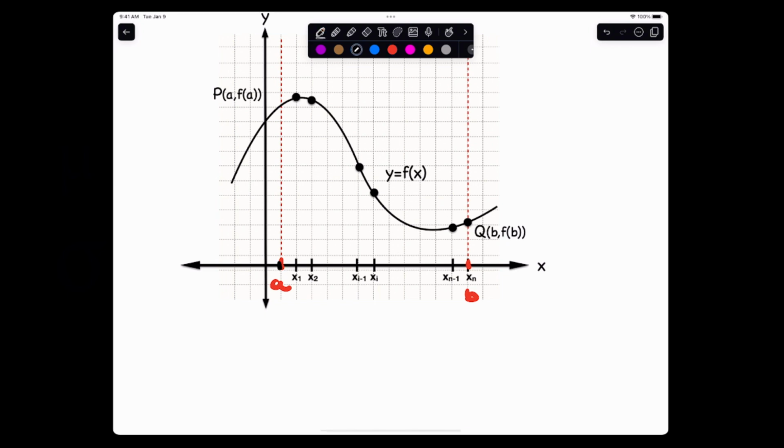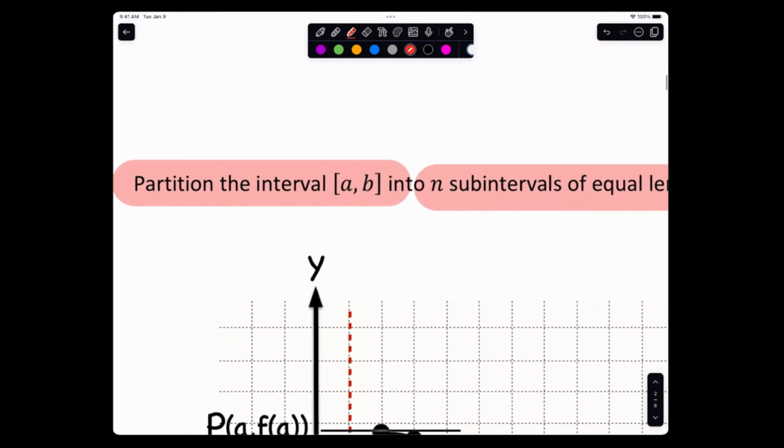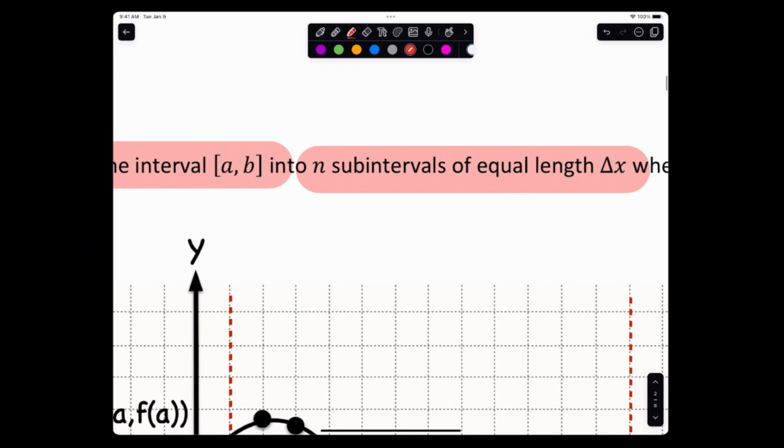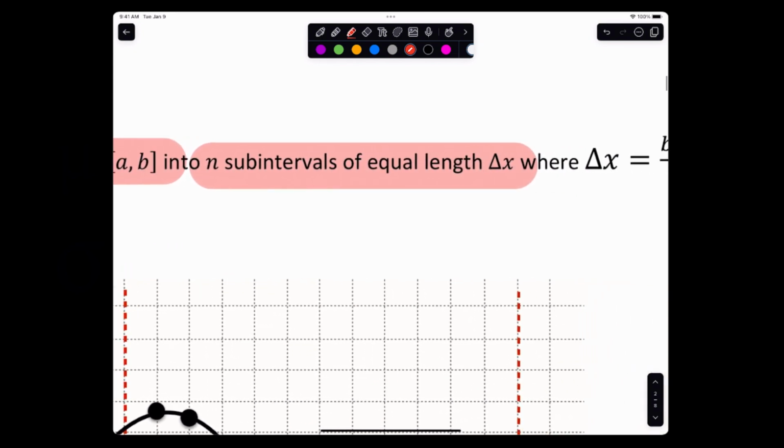I don't know what happened. Hope it didn't fall off. Okay? So they're talking about partitioning your interval AB into n subintervals of equal length. And they call that length delta x.